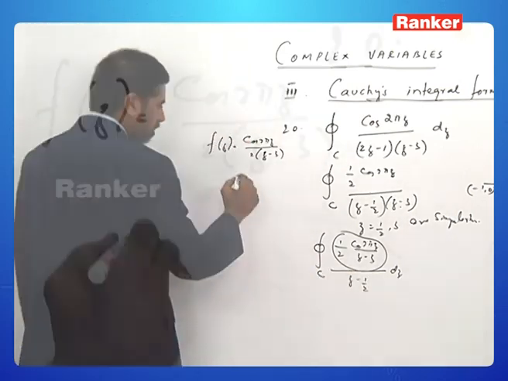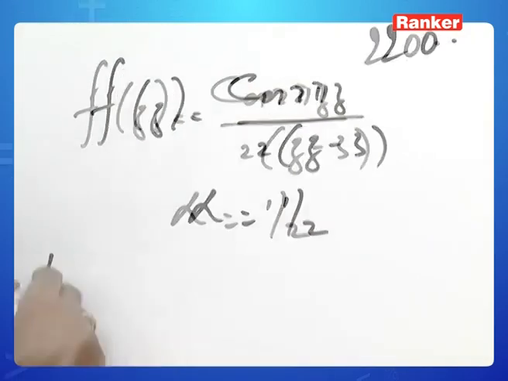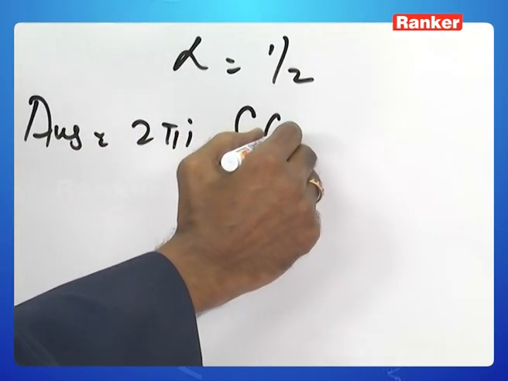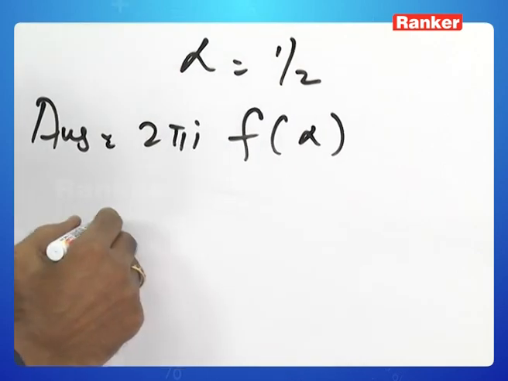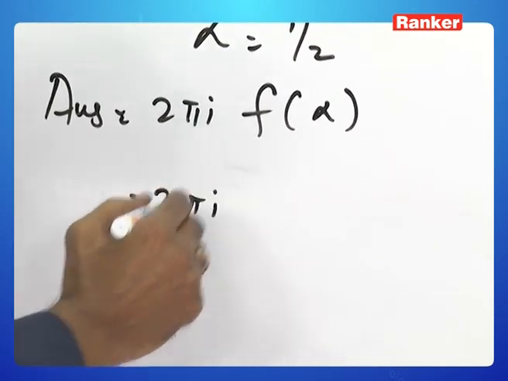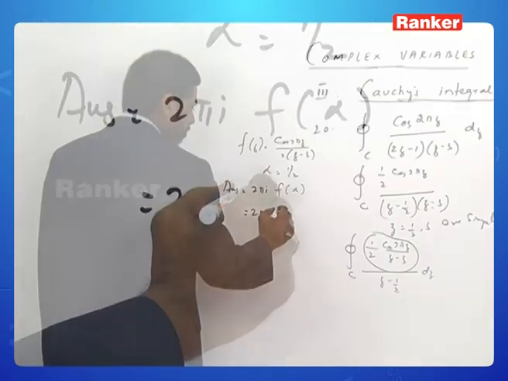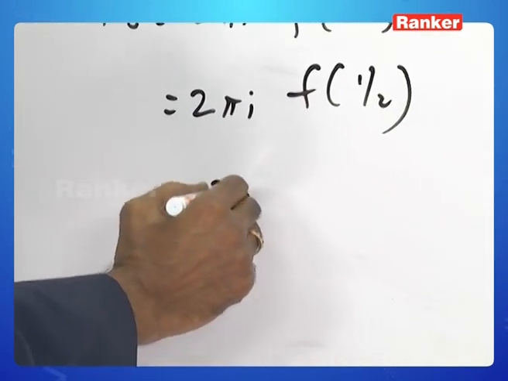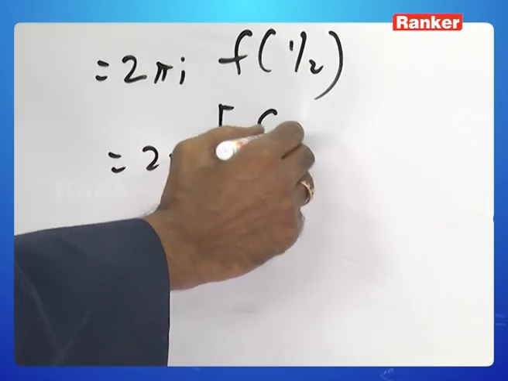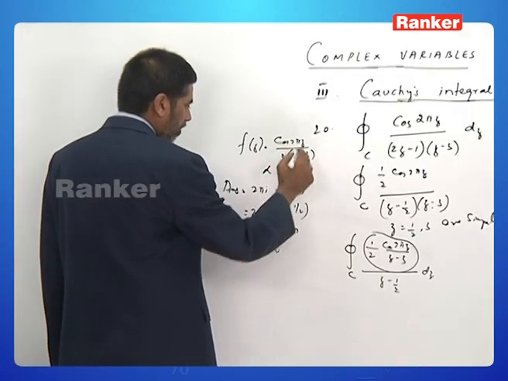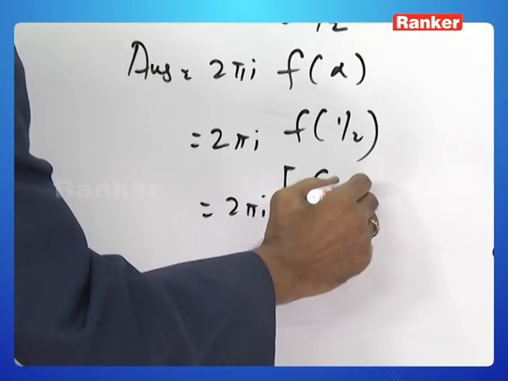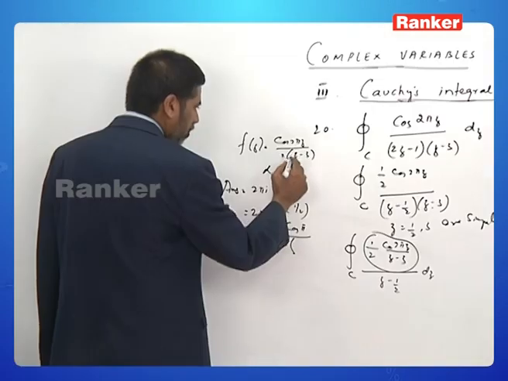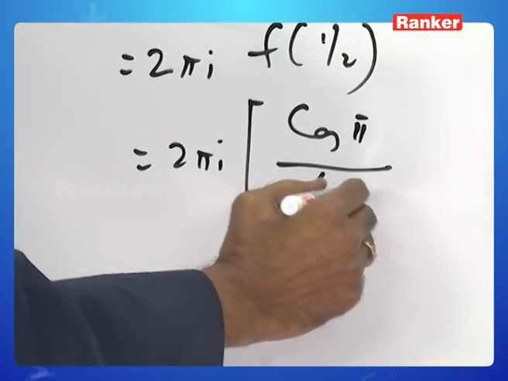The singularity is alpha is equal to half, and the answer should be 2 pi I f of alpha, where alpha is half. So 2 pi I f of half, 2 pi I cos 2 pi alpha, that becomes cos pi by 2 into half minus 3 minus 5 by 2.